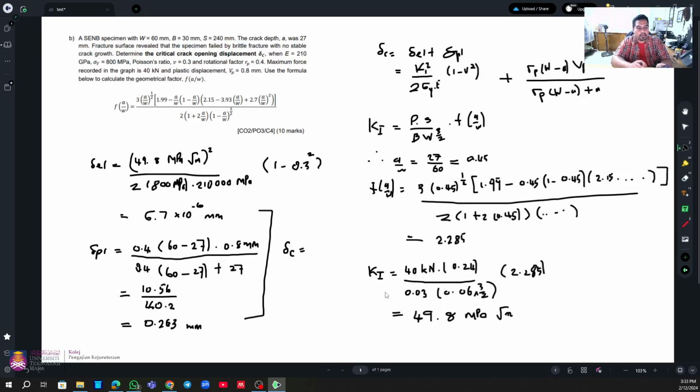We know it's 0.263 plus 6.7 times 10 to the minus 6, you will obtain almost no change, 0.263, the same, more or less. So 0.263 mm. So this is how you deal with any exercise related to the experimental work of the CTOD. But this is only valid for SENB.